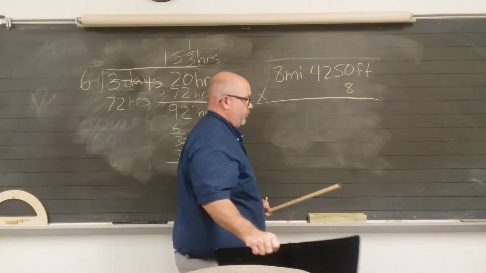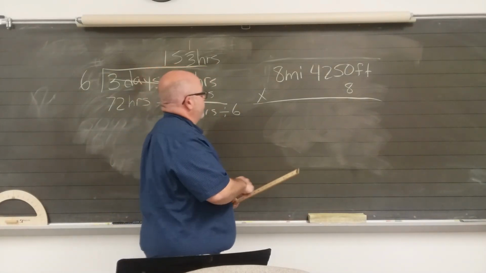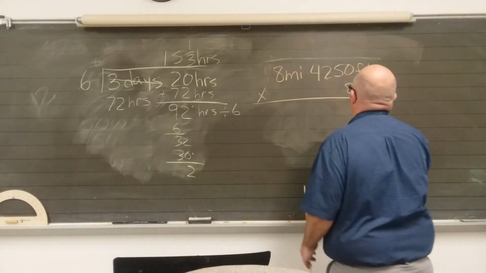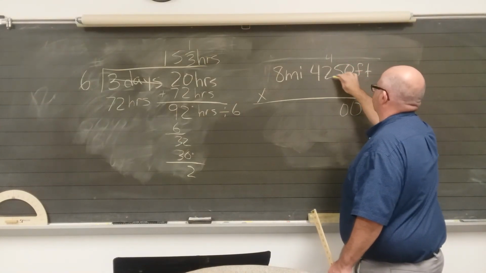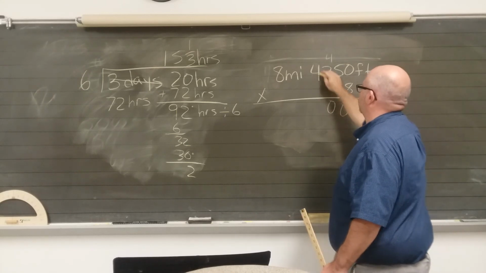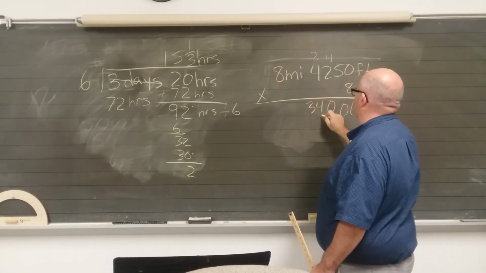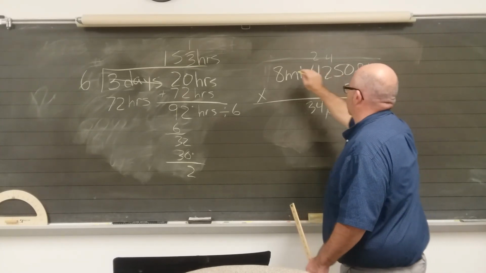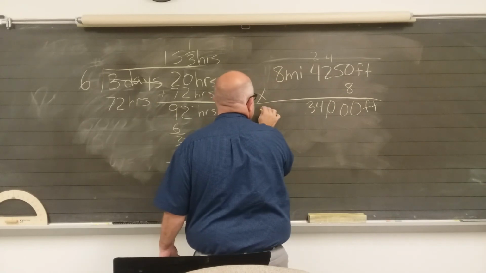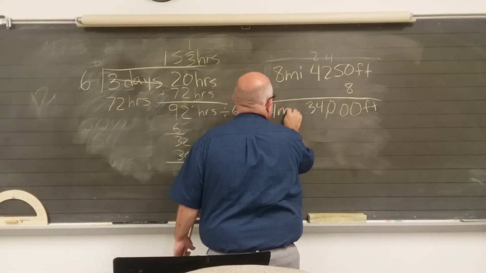8 miles, 4,250 feet times 8. Multiply. 8 times 0 is 0, 8 times 5 is 40, 8 times 2 is 16, plus 4 is 20, 8 times 4 is 32, plus 2 is 34. So 34,000 feet. 8 times 8 is what? 64 miles.